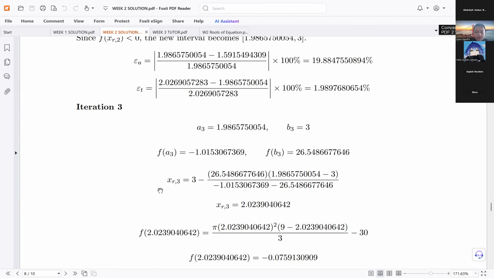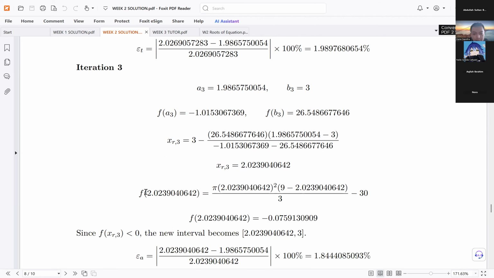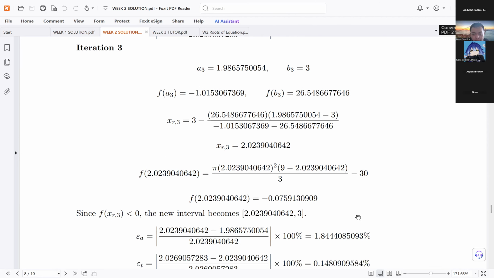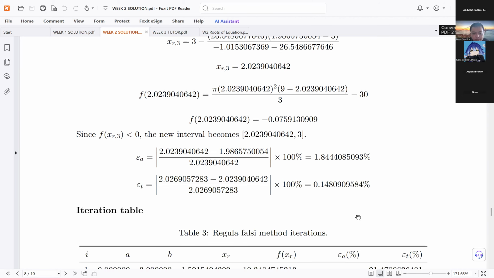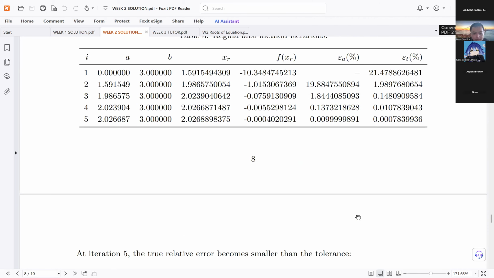I don't round it into two numbers behind the comma, but I think it's fine if you round it into two numbers. But I think the error is just bigger. But okay, it's okay. And this is for the third iteration. And this is the table.